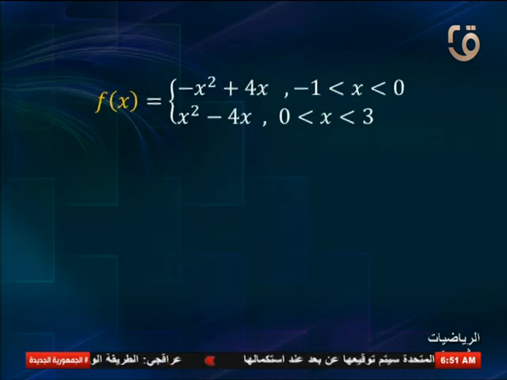Don't forget, the domain is the closed interval [−1, 3]. In this case, x may be more than 0 or smaller than 0. And by distribution over the two branches, f(x) = −x² + 4x in the open interval (−1, 0), and f(x) = x² − 4x in the open interval (0, 3).